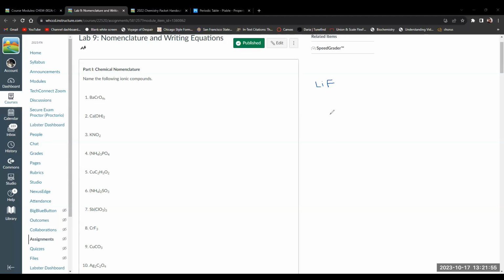So knowing that, how would we name this one? Lithium fluoride.